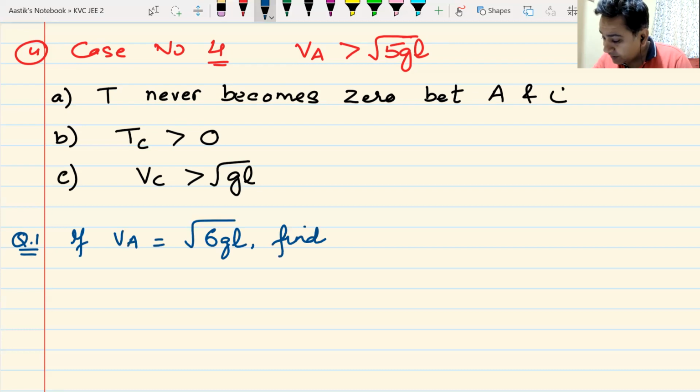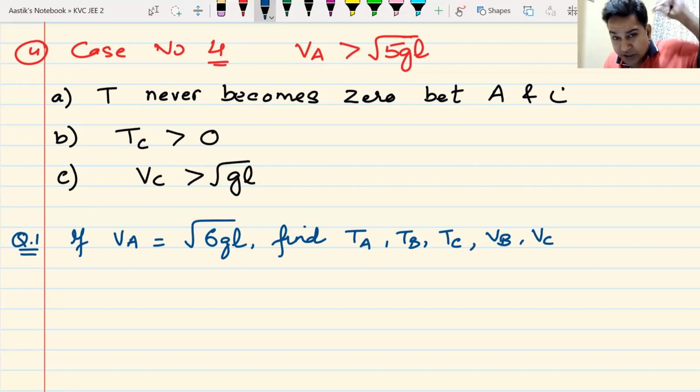What do I mean by everything? Tension at point A, tension at point B, tension at point C, velocity or speed at point B, and velocity or speed at point C. Your time starts now. I'll give you a minute.